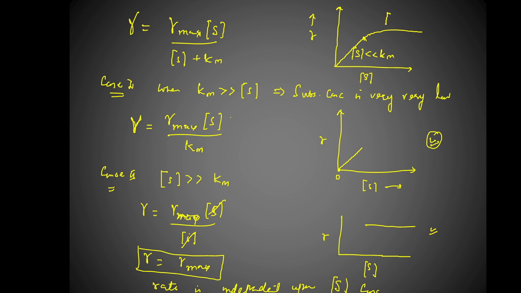And this is when the concentration of S is greater than Km. So over here, rate does not depend upon substrate concentration. Over here, rate increases with increase in the substrate concentration. Hopefully, you might have got this graph. This is very important. So let us proceed further to the next page.